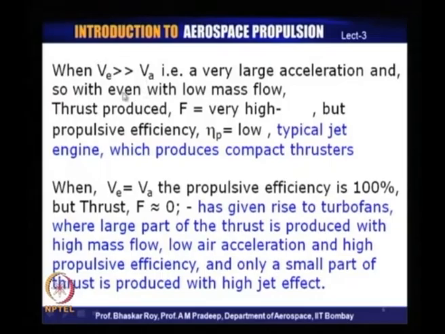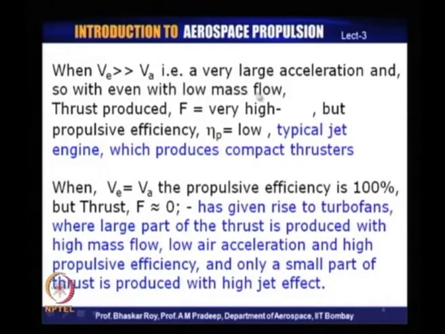If, for example, your exit velocity is rather large compared to the entry velocity of the air, that means a very large change of velocity or a large amount of acceleration has occurred through the propulsive device, and quite often that happens with a rather low mass flow.